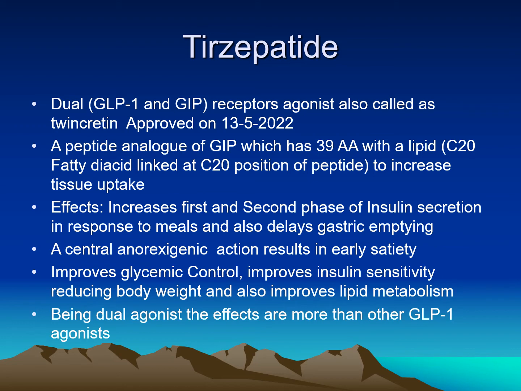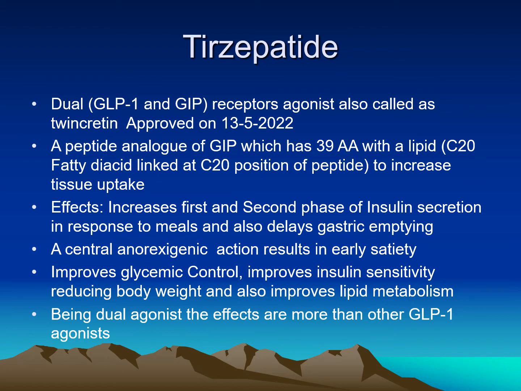Now this is a peptide analog of GIP, instead of GLP-1, having 39 amino acids and a lipid component, and that makes it longer acting and rapid tissue uptake also occurs. The drug is shown to increase first and second phase of insulin secretion in response to meals, delays gastric emptying.